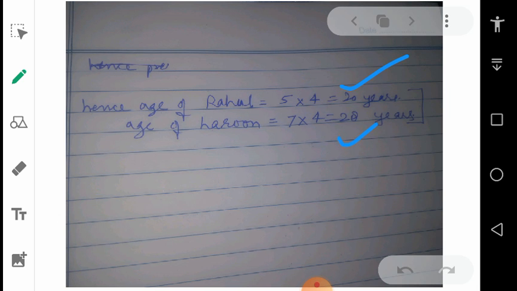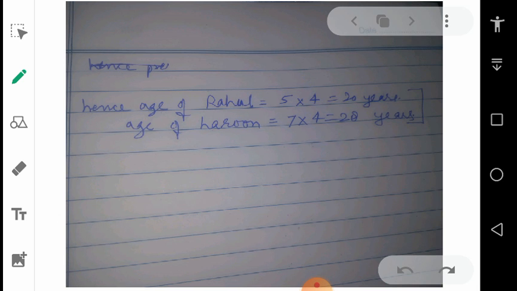Now let's cross check, because maybe it is correct or not. You can find the sum of both the ages, 20 plus 28, but that gives the sum of their present ages, and we need their ages after 4 years.